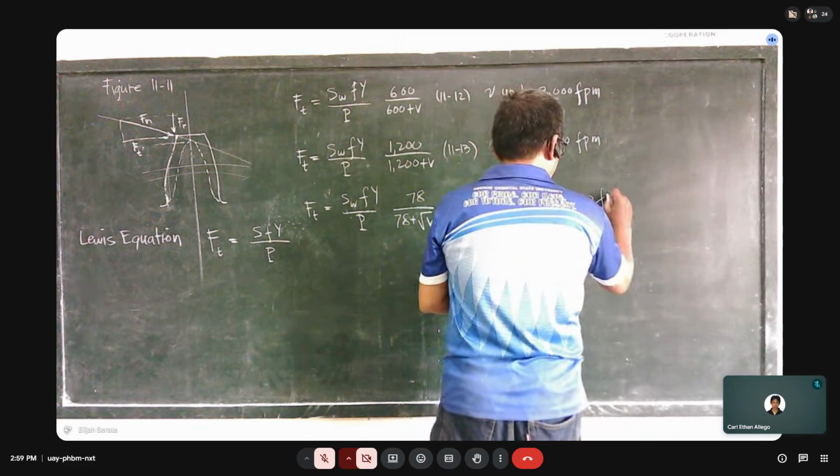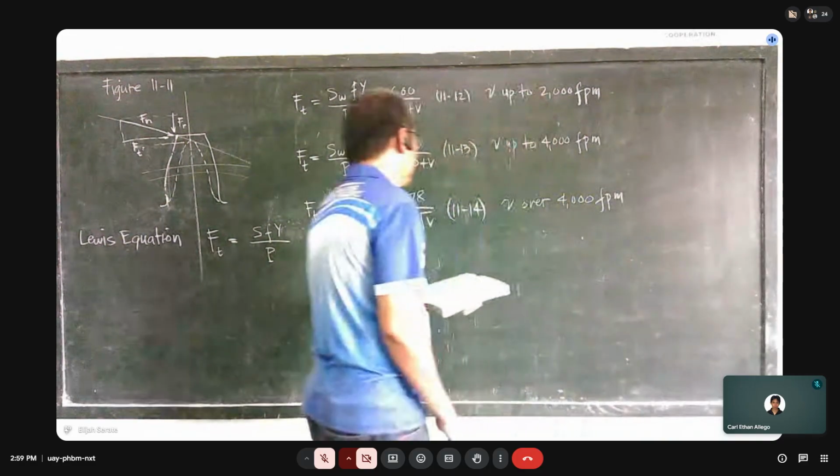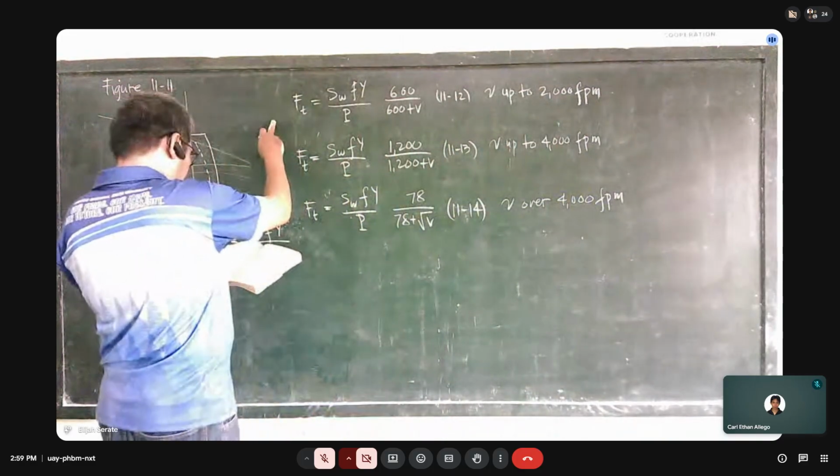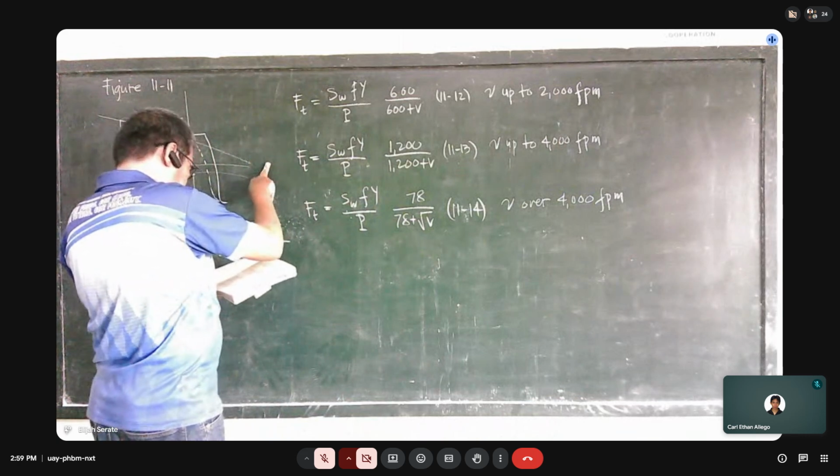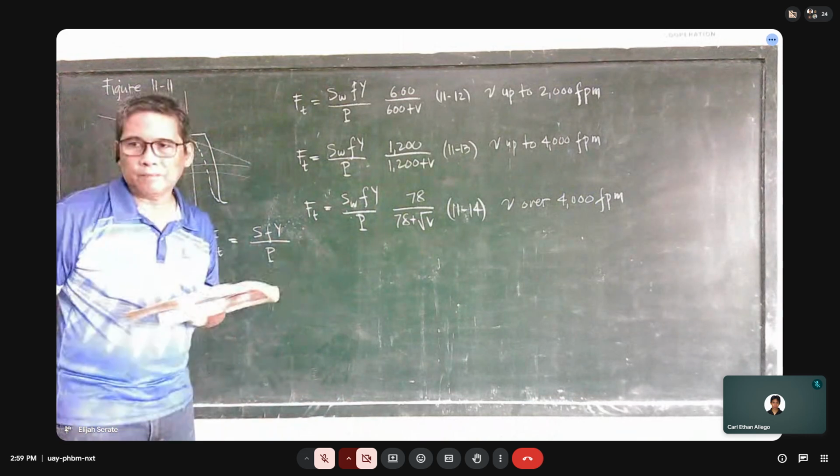So the first one is for ordinary industrial gears, then this one is for accurate gears, and this one is for precision gears.